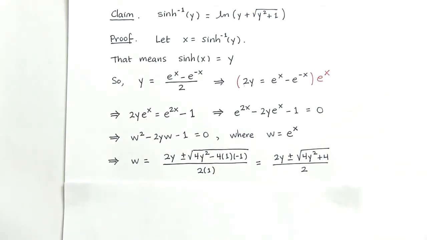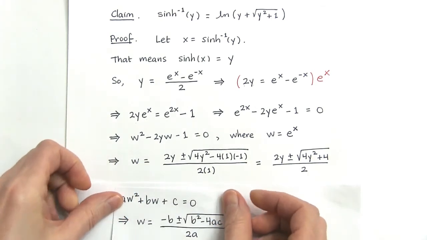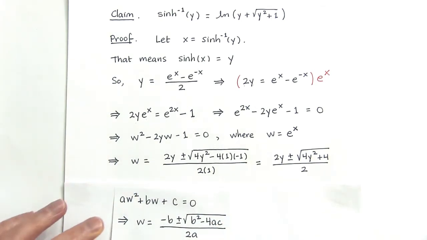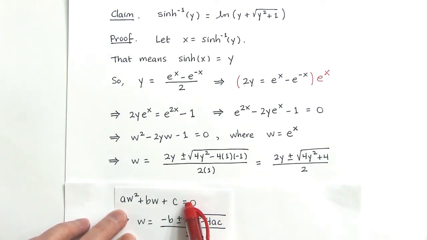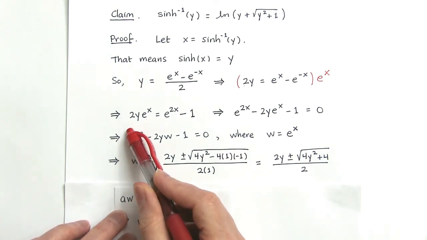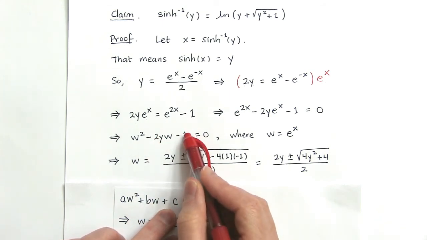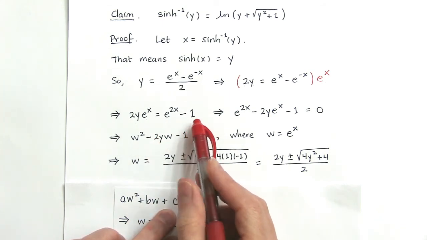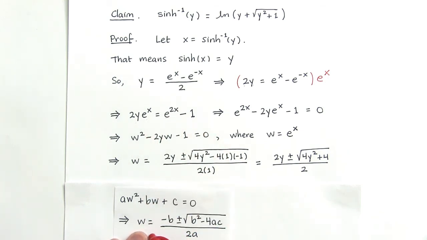So here comes the quadratic formula, which, recall, goes like this. And so if I match these equations, I have a is 1, b is minus 2y, and c is minus 1. And the quadratic formula says that the answer is this formula.